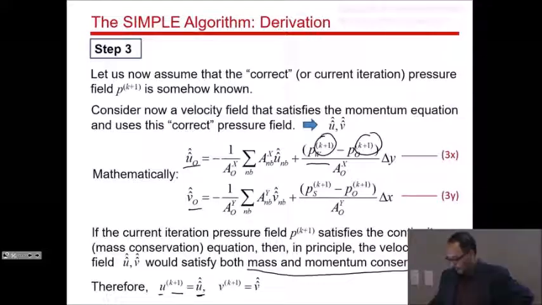All right, now, can anybody say why we need to iterate any further? We're saying, okay, we have satisfied both mass and momentum conservation. Why do we need to go back and redo this? So you always have to realize that your equations are nonlinear.